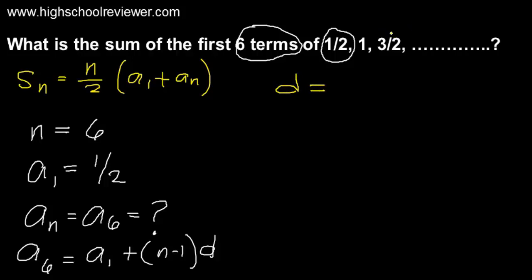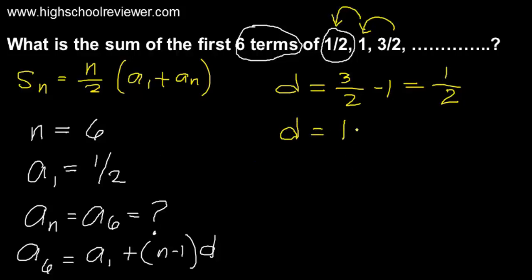So we may use 3/2 and 1. 3/2 minus 1 is equal to 1/2. Or we may also use 1 and 1/2. So 1 minus 1/2 is still equal to 1/2.